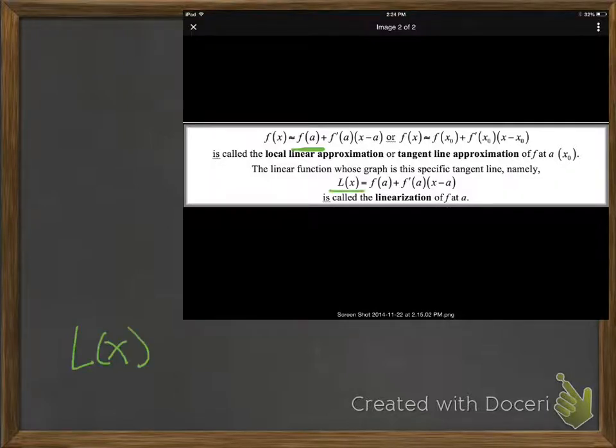L of x is equal to f of a plus f prime of a times x minus a. So all I did was use my equation of my tangent line to determine my linear approximation equation. And again, linear approximation helps us figure out a point that is very close to a point that we're trying to get.